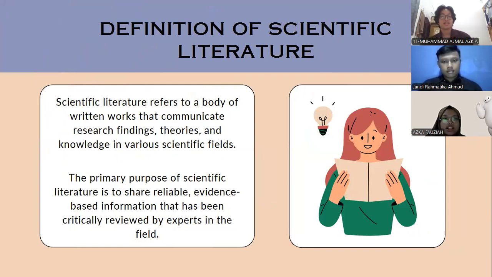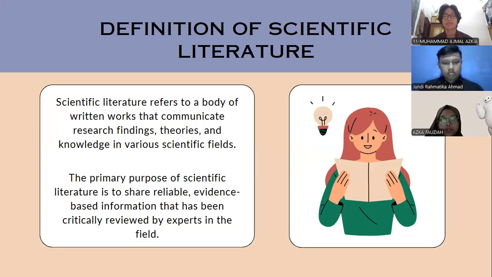Okay, what is scientific literature? Scientific literature refers to a body of written works that communicate research, findings, theories, and knowledge in various scientific fields. It serves as a foundation for scientific progress by documenting discoveries, experiments, and observations, allowing researchers to build upon each other's works.